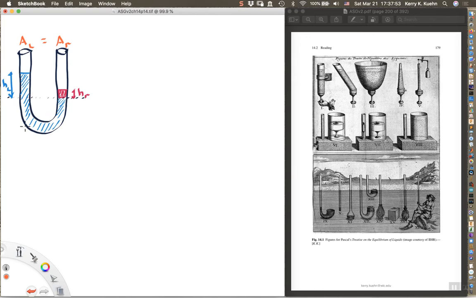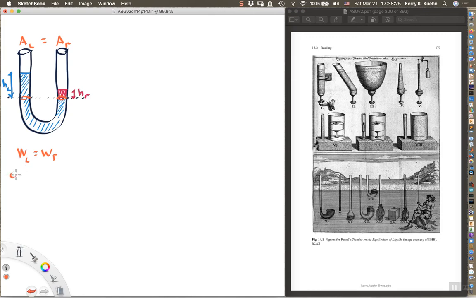Well, if we think of this region of fluid here as being a chamber with two openings at the top, and we have this piston of water pushing down here and a piston of mercury pushing down over here, we know that because those areas are the same, the weights or forces pushing down have to be the same. That is, the weight of the fluid on the left has to be equal to the weight of the fluid on the right. And so this is going to give us a way of understanding what the height of the fluid on the left is compared to the height of the fluid on the right.